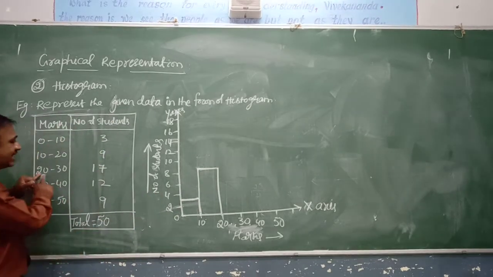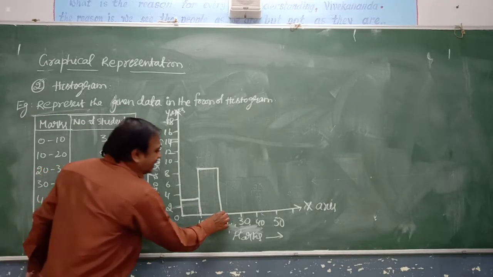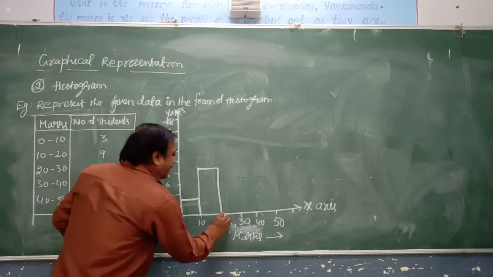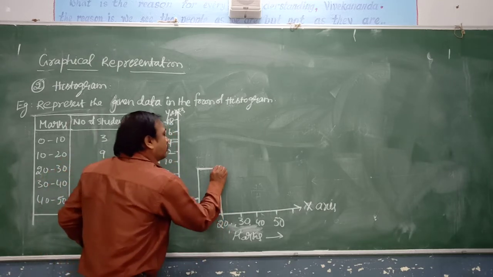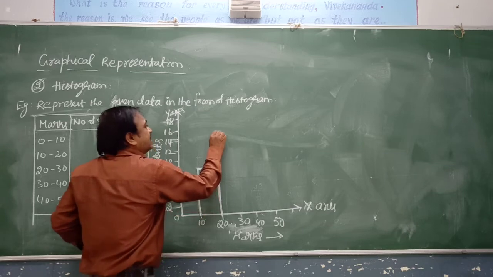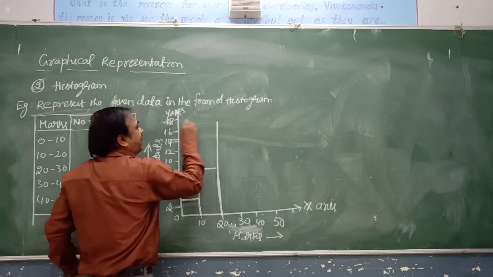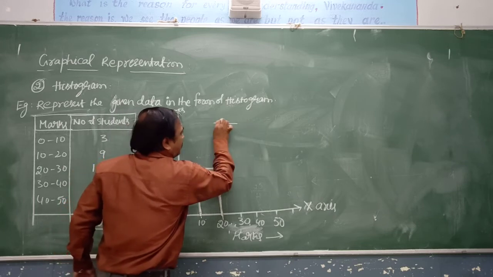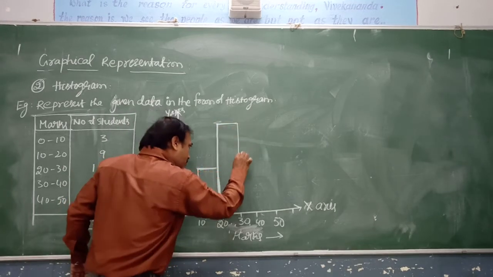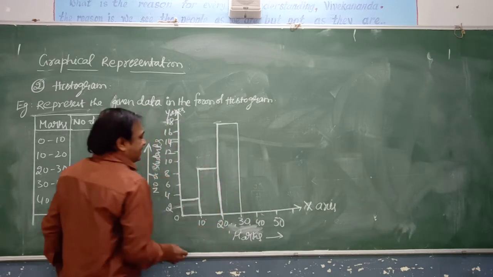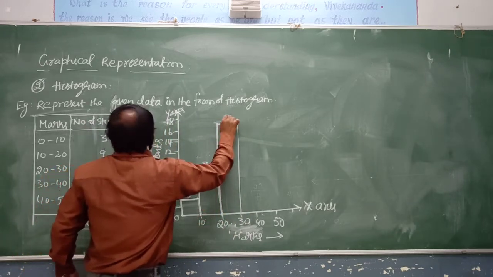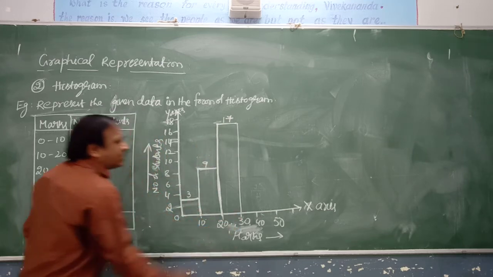Next, 20 to 30, 17 students. 17 lies exactly in the middle of 16 and 18. So this is 3, this is 9, this is 17, this is 20 to 30.